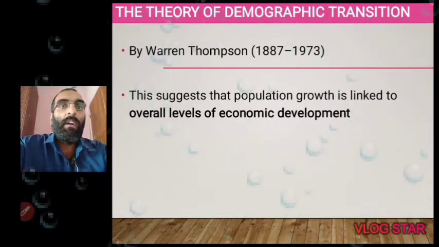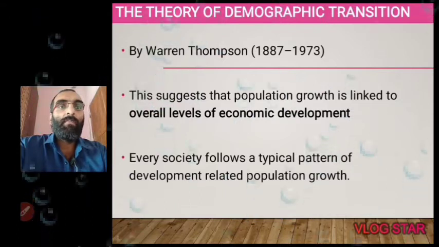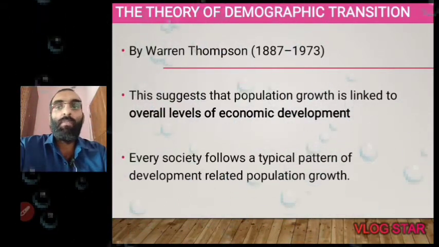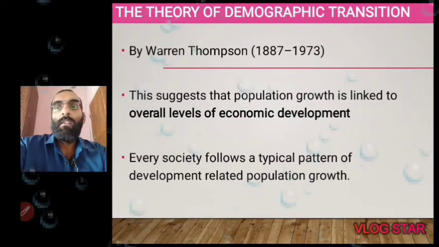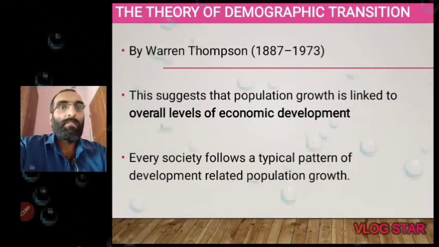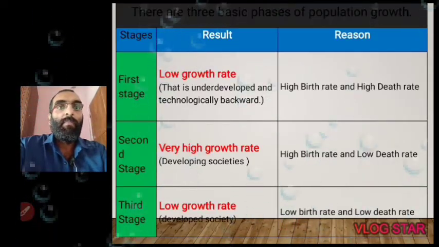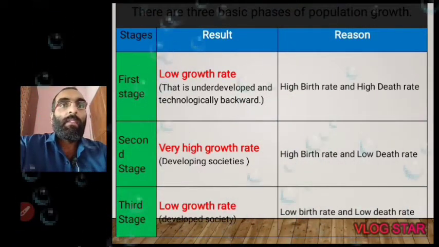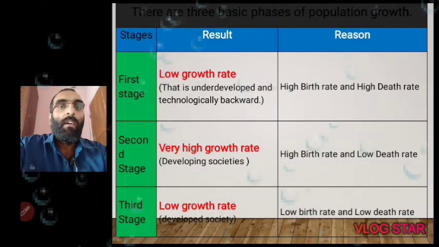He suggests that population growth is linked to the overall level of economic development. Every society follows a typical pattern of development-related population growth. There are three basic phases of population growth. We can see this in the chart.